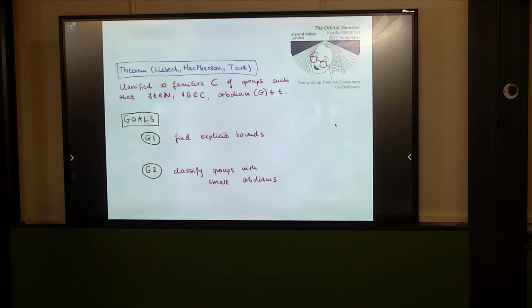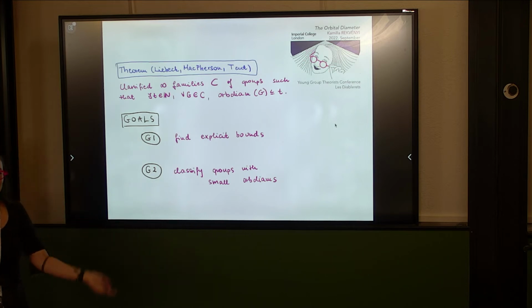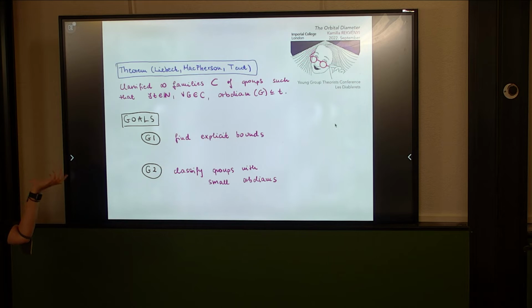And they wrote a long paper in 2009 where they classified the infinite families of groups such that they are bounded, so that there is a natural number T such that every group in this family has its orbital diameter bounded by this specific number. Their research was motivated by model theory, and a lot of their proofs were also model theoretical. So this T is not an explicit bound, they just prove the existence.